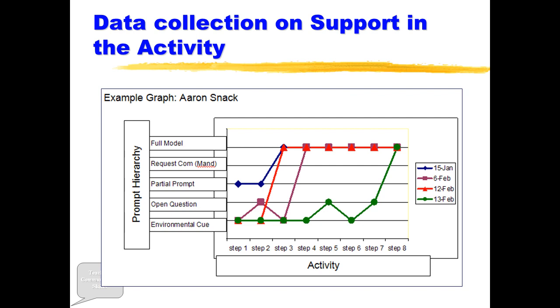The very last step of this activity was actually a physical step, not a communicative step: he needed to throw things away at the end of snack. And this little guy, Aaron, really never wanted to be done with snack, so it did take a full model to get him to throw his things away.